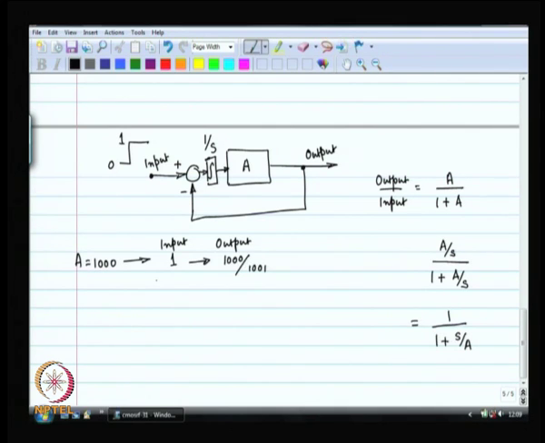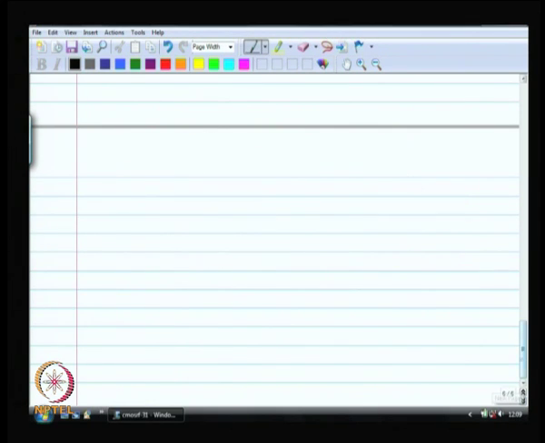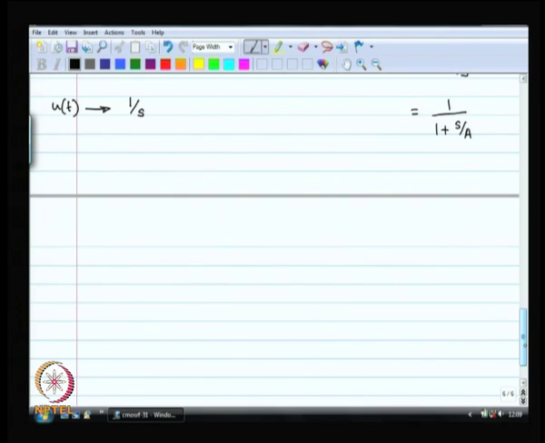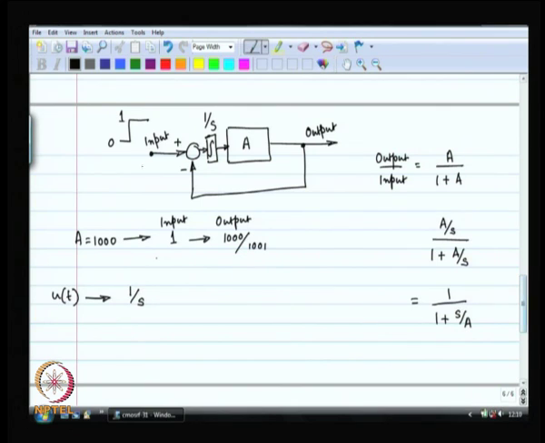So, this is the transfer function. Your input, what is your input? U of t. Laplace transform of the input is 1 by s. So, if your input is 1 by s, your transfer function is 1 by 1 plus s by A, then the response is going to be 1 by s times 1 by 1 plus s by A. Okay. Let us say this is x of t, this is y of t.